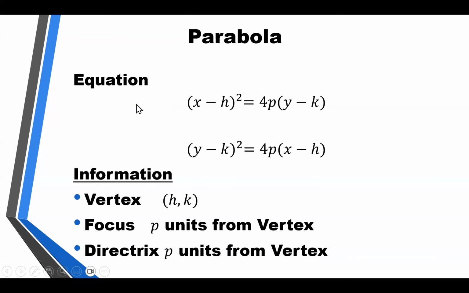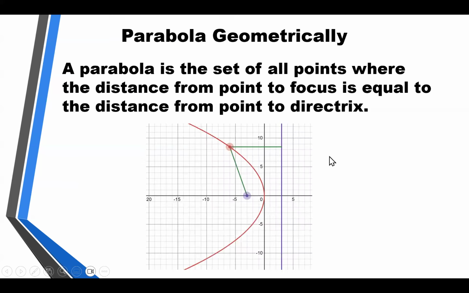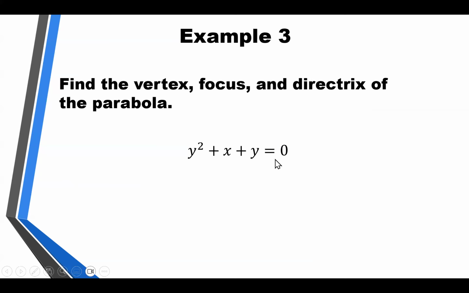We'd like it to be in one of these two forms, where we have a perfect square equaling 4p times the linear piece. This does not have that form yet, but I can force it to have that form. I'll show you how we can force it to have that form in just a moment. But once we force it to have that form, then we'll look at the vertex, focus, and directrix of the parabola.